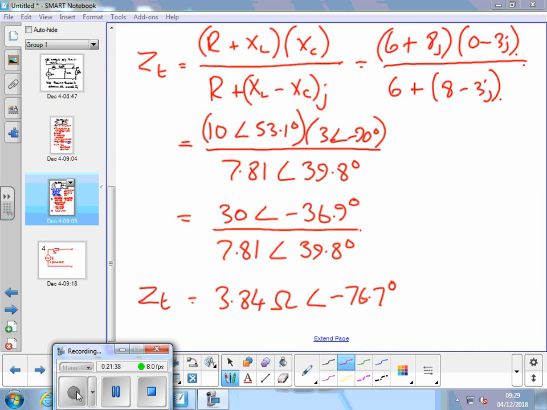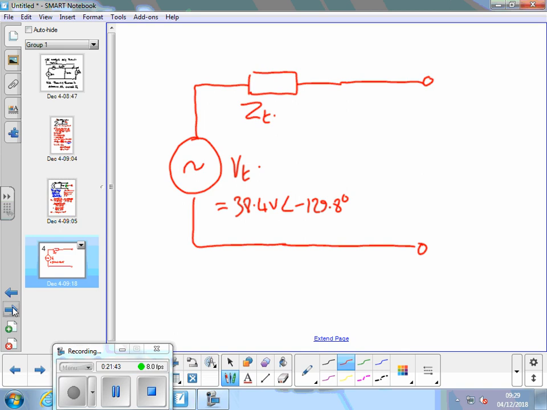So we can add that to our Thevenin's equivalent circuit. That is equal to 3.84 ohms, angle minus 76.7 degrees.